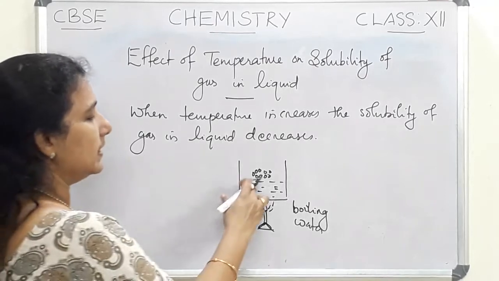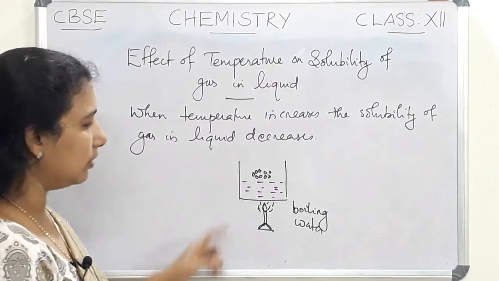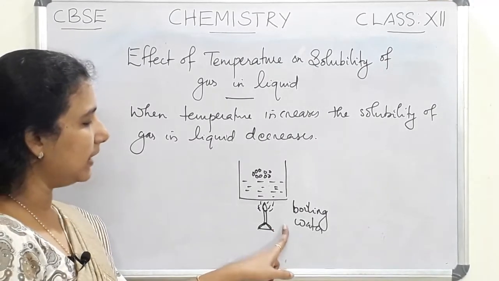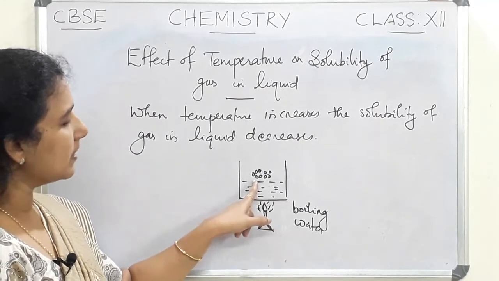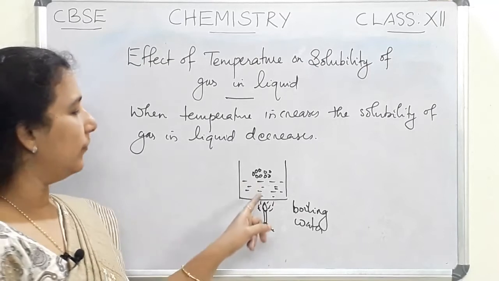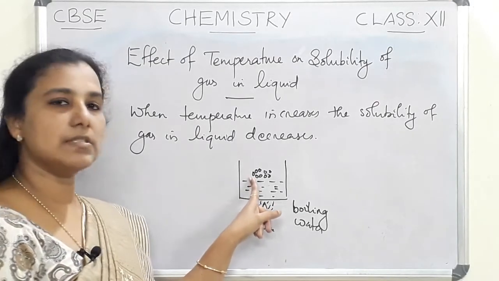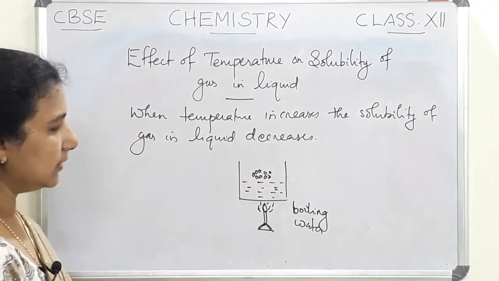Some bubbles are trying to escape from the water. We can see this when we are boiling water. So by applying temperature, when temperature increases, some gaseous bubbles are formed on the surface of the liquid, trying to escape from the water.